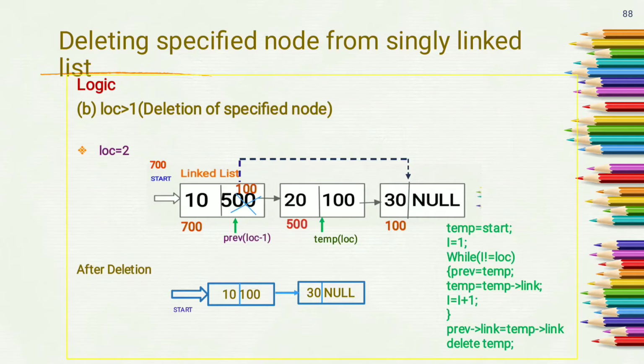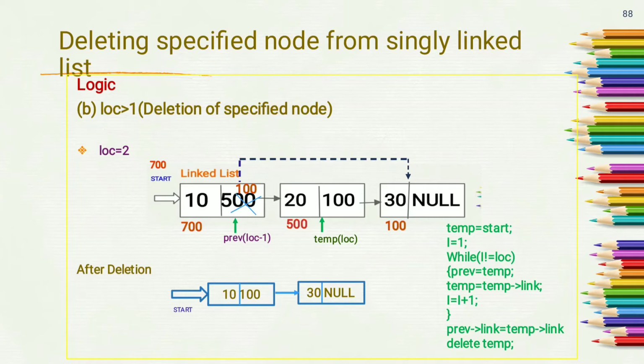But if the value of location is greater than 1, that means we are deleting a node which is at the specified location LOC. Suppose the value of location is 2, which is greater than 1, then what do we have to perform? We have to move temp to the location node. We always move the temp pointer to the node which we want to delete.